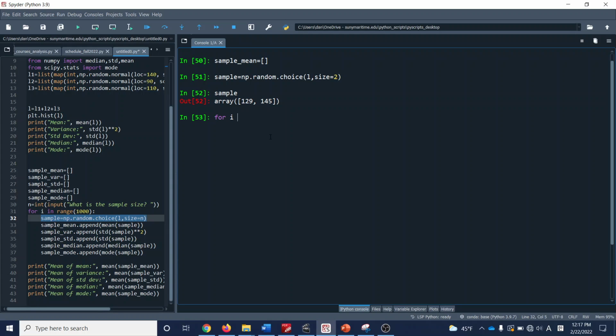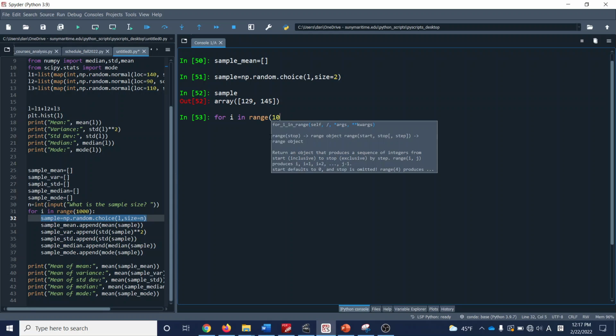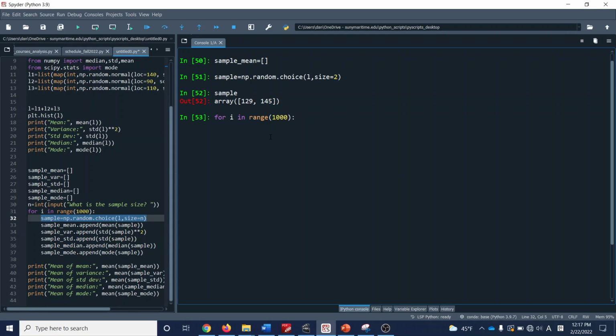So for i in range 1000, what I want to do is collect a sample of sample size 2 and append the mean value of those two. So after selecting two numbers from the population, what I want to include in this sample mean is the mean value of the two. I add the two numbers and divide by 2.